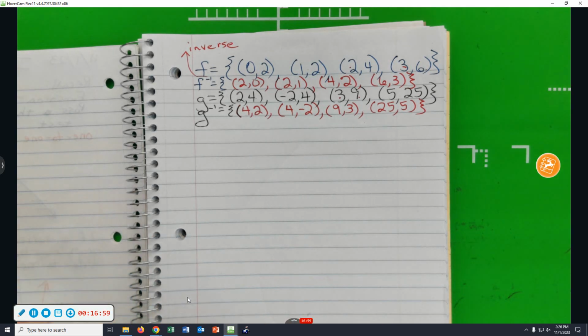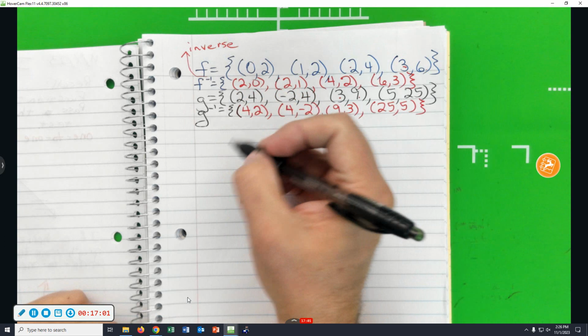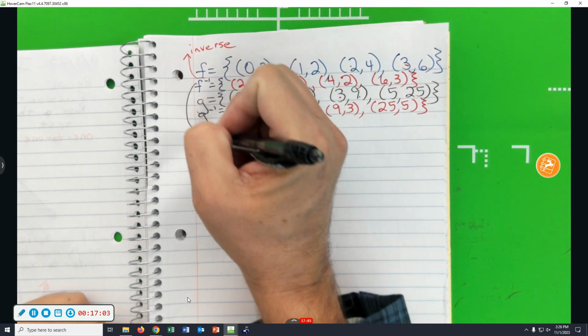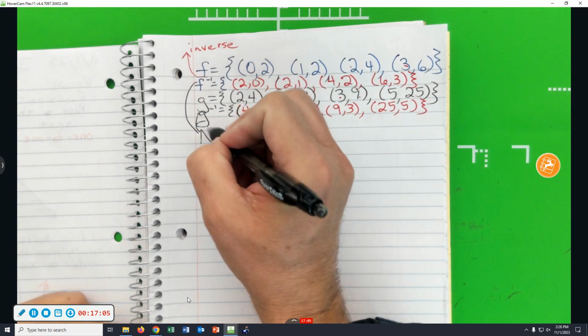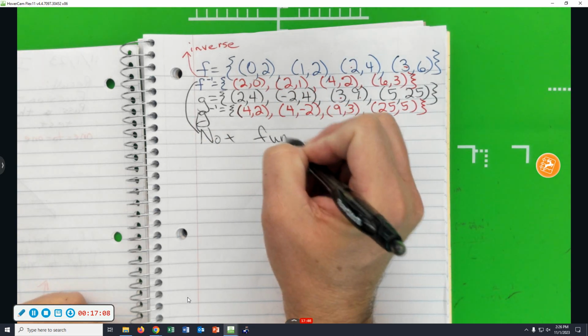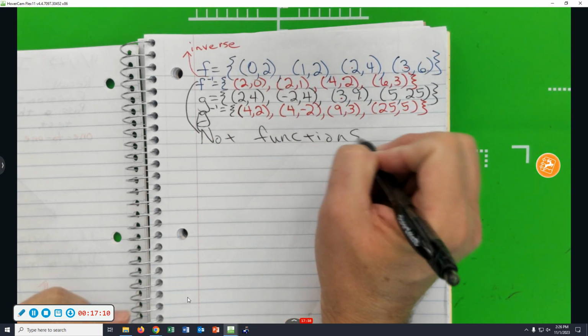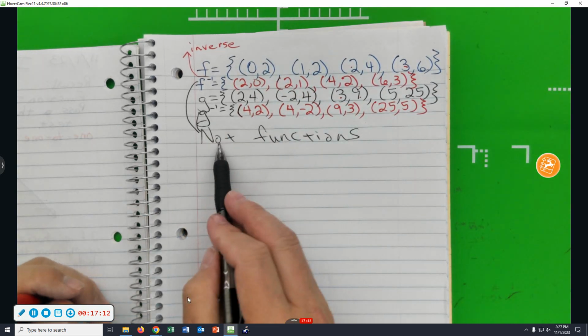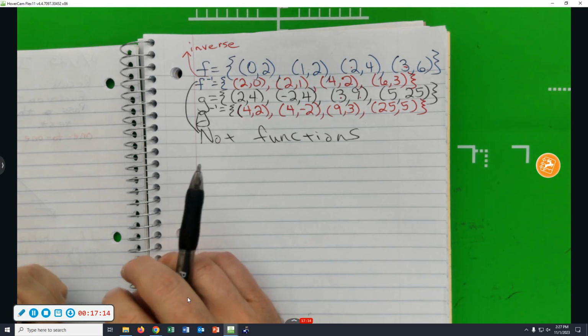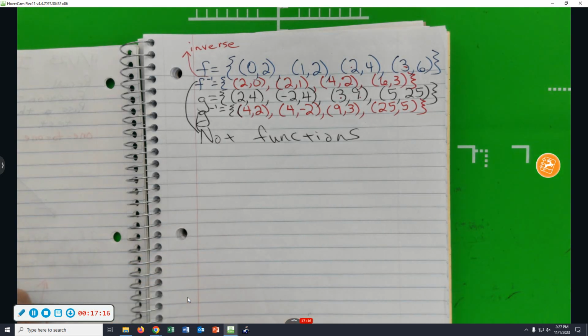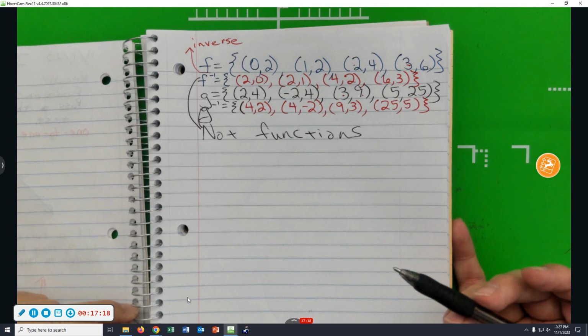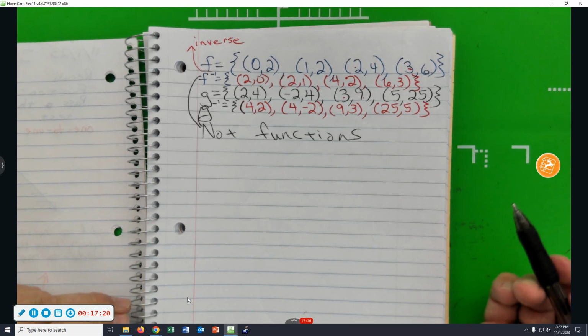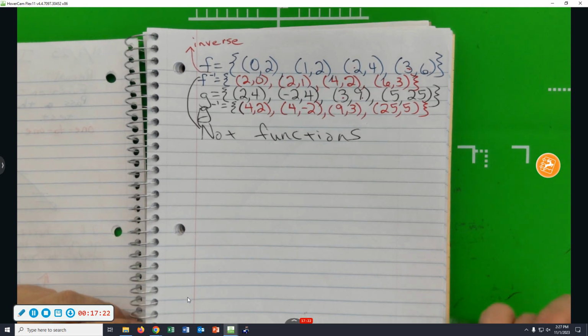So we want to make a note. By the way, f inverse and g inverse are not functions. Only one-to-one functions can have inverses that are functions, and that's important because all they're going to want us to do is to find the inverse if it's a function.